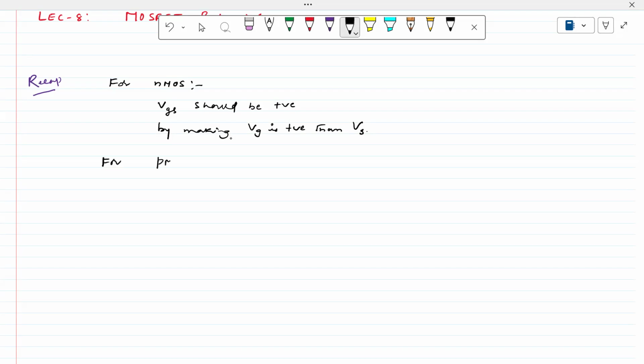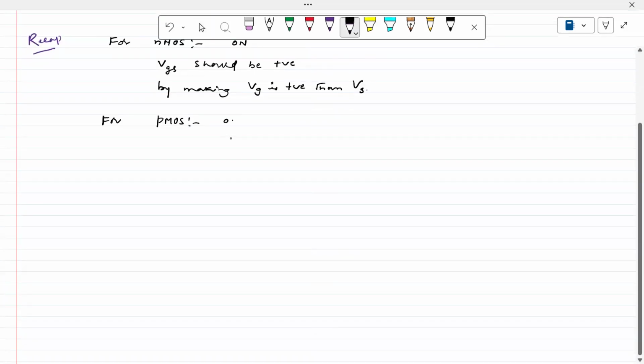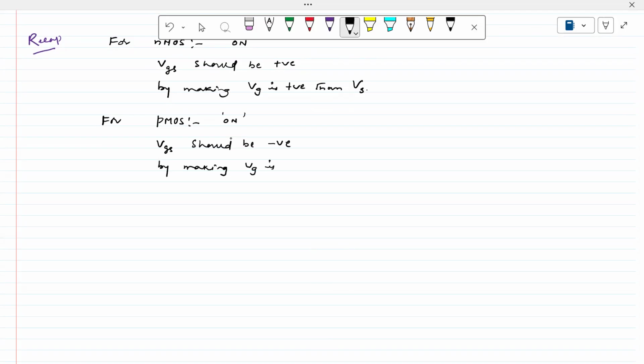For PMOS to be on, what do we have to do? VGS should be negative. It is possible by making VG more negative than VS. It should be more negative.